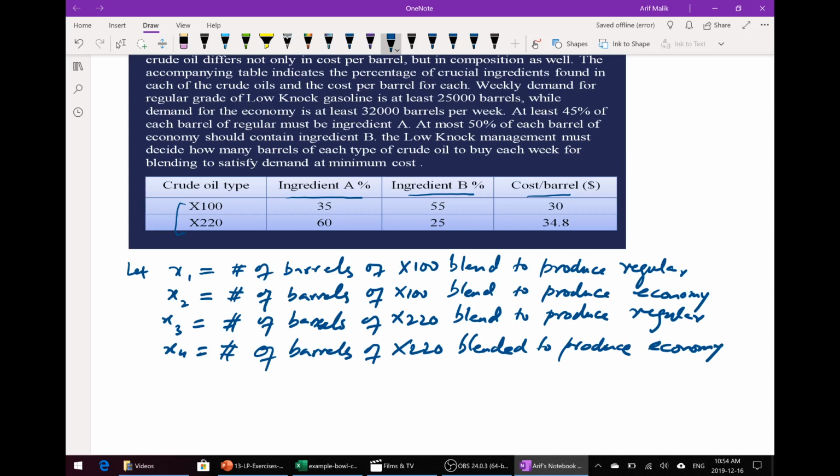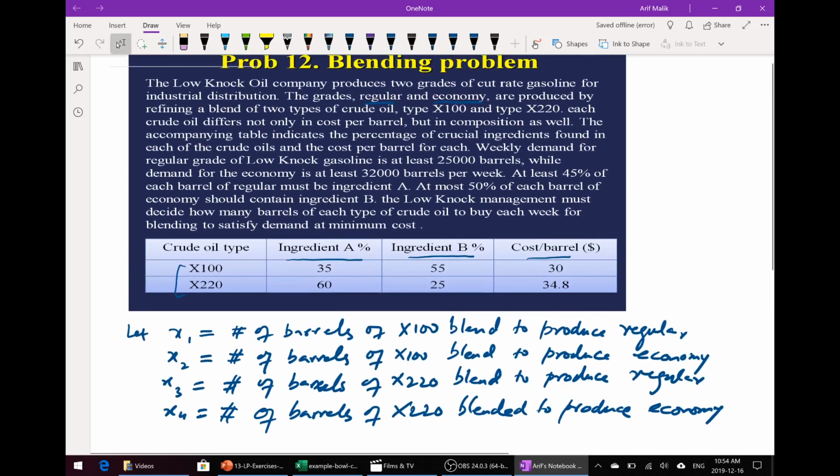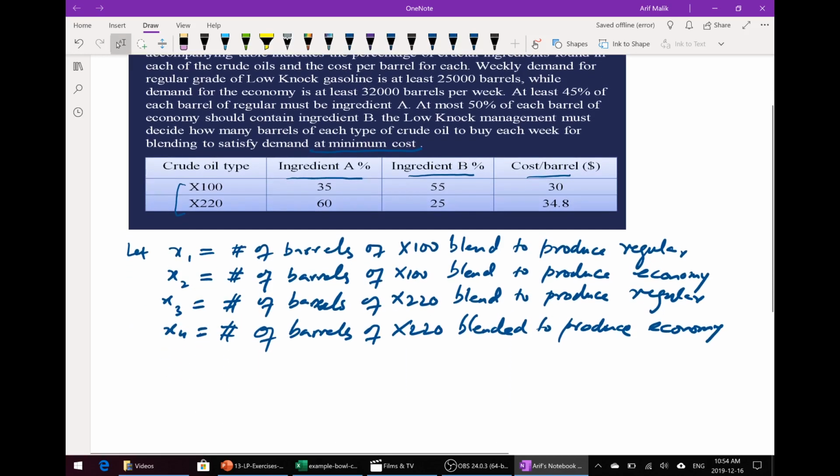Once we have defined the variables, then we see that it's asking how many barrels of each type of crude oil to buy each week for blending to satisfy minimum cost. So our objective is to minimize the cost.